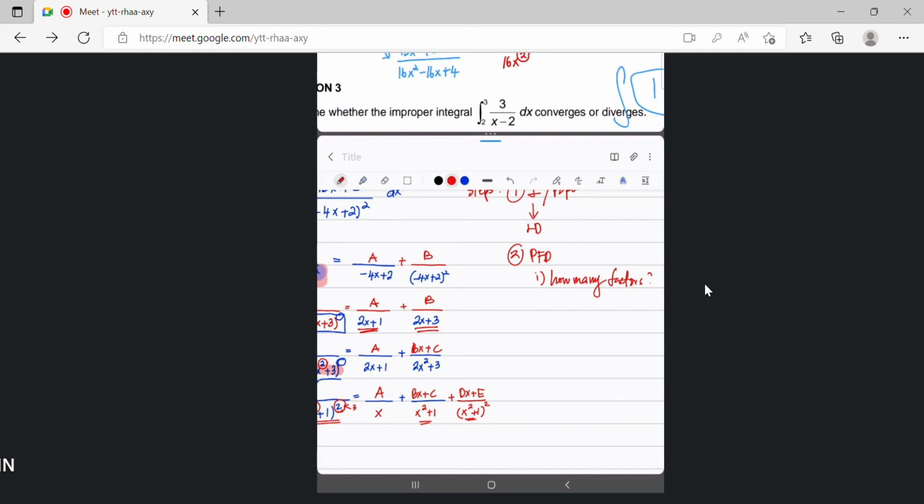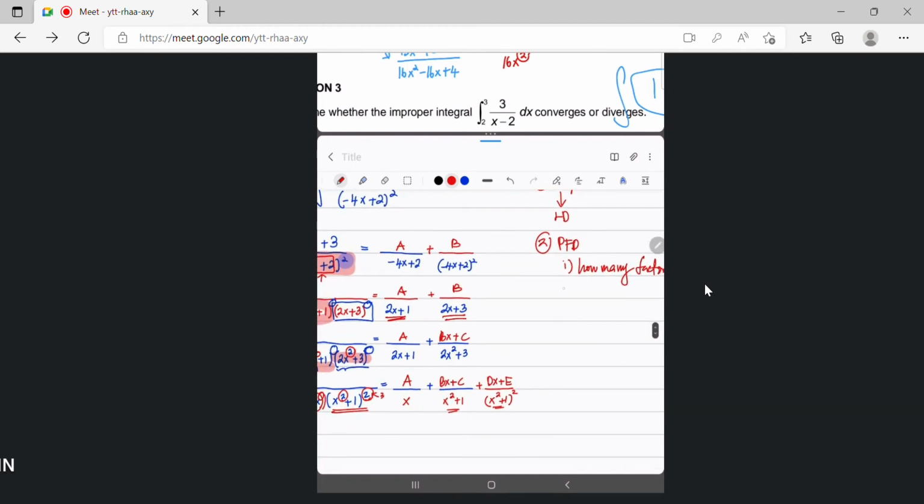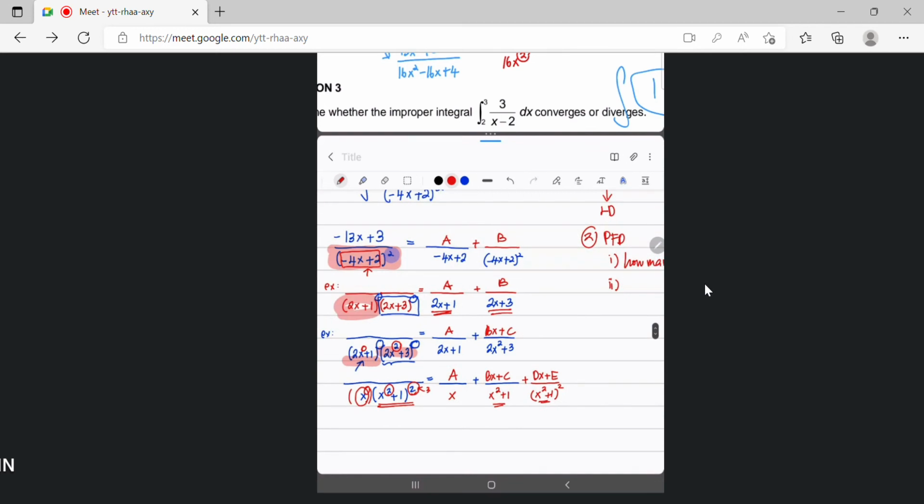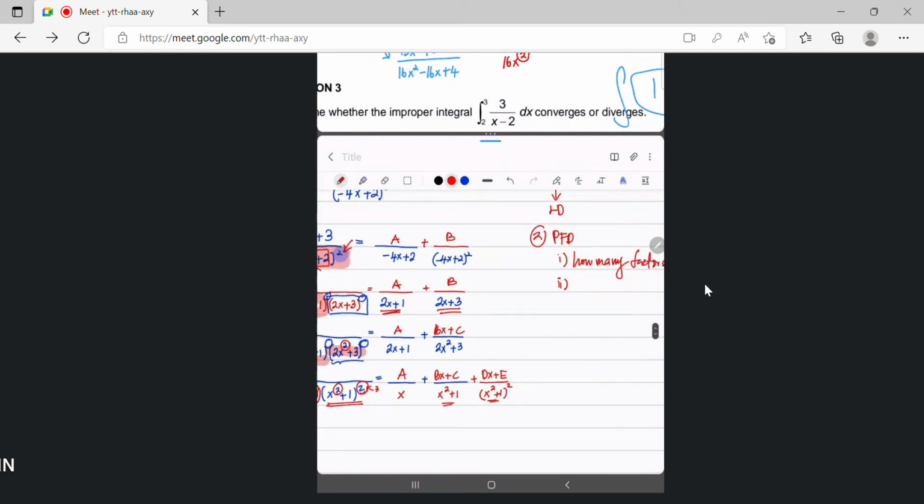Berapa banyak factor yang kita ada akan menentukan berapa banyak fraction yang kita akan start. Belum finalize lagi. Okay, next. Selepas kita dah tentukan, okay, kalau macam ini satu je factor, so kita start dengan satu fraction. Okay, so the next question pula, kita akan tanya power. Okay, power outside the bracket.